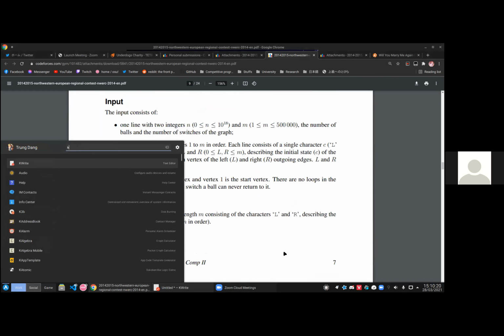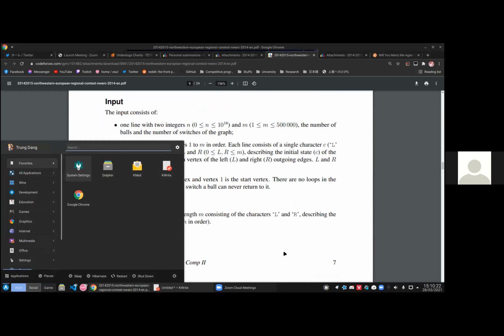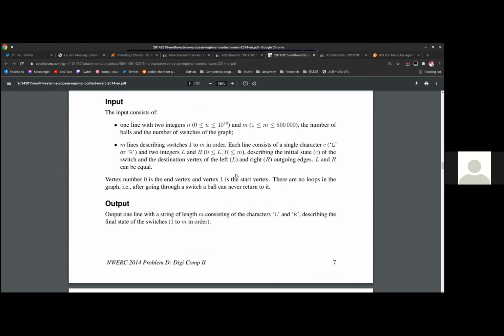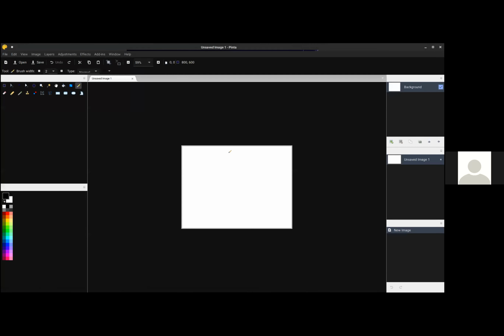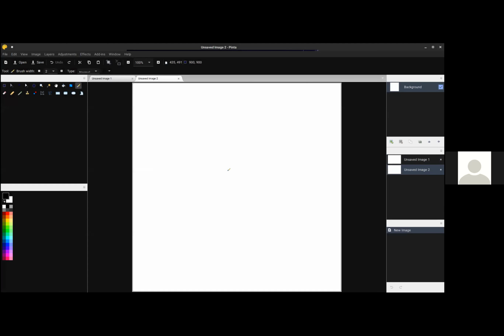Okay, so let's draw. The first thing you notice is that because it's a DAG, after each process the ball will always go to the end node.